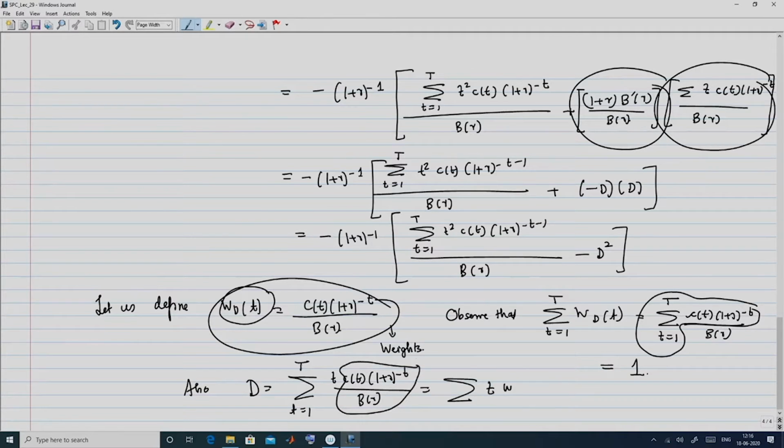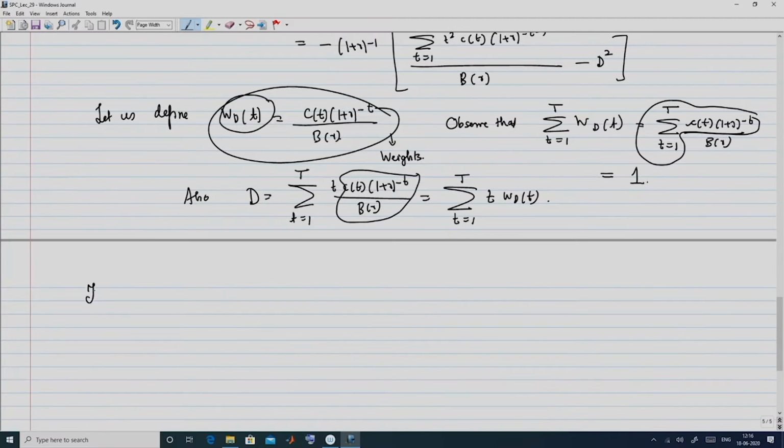So, this is summation t w d of t, t is equal to 1 to capital T. So, therefore, dD/dr, what is this going to be? This is going to be minus of 1 plus r raised to minus 1 within bracket t square w d of t minus D square, all right.